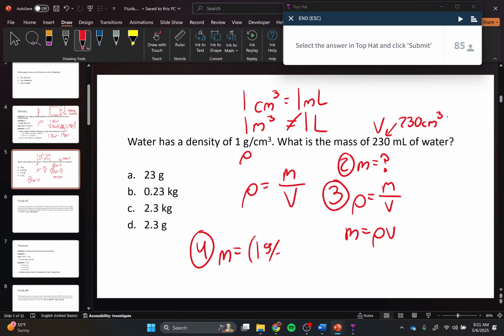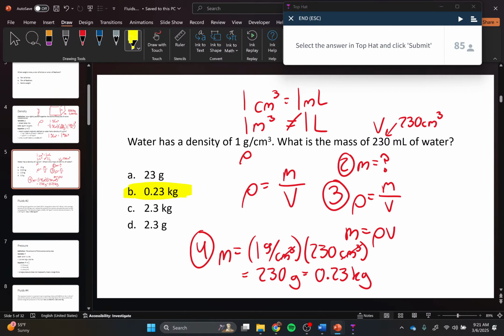So in this case, I might actually, for once, put the units in my equations to see that they work nicely together. The centimeters cubed cancel, and I get 230 grams, which is really easy to convert to kilograms. Yay. That's one way. You could have also converted milliliters to meters cubed and the other one to kilograms per meters cubed and gone through all that. It all works.